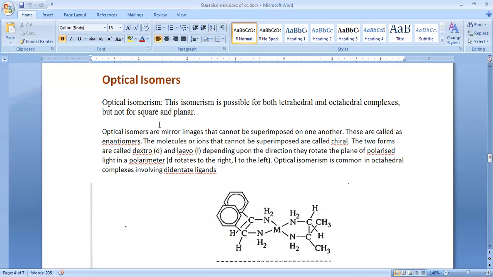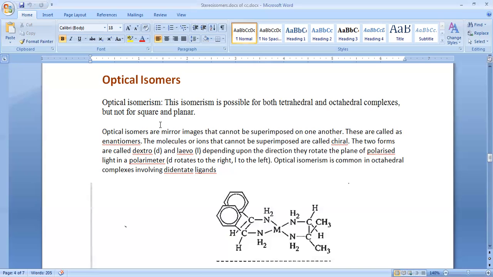Now coming to coordination compounds, we are studying the optical activity of coordination number 4 and coordination number 6. In coordination number 4, we have two geometries: one is tetrahedral geometry and the second is square planar geometry.